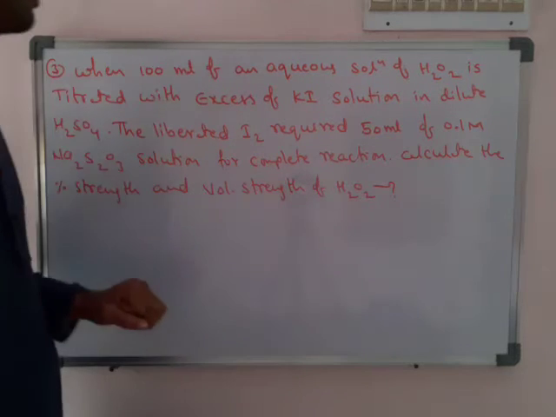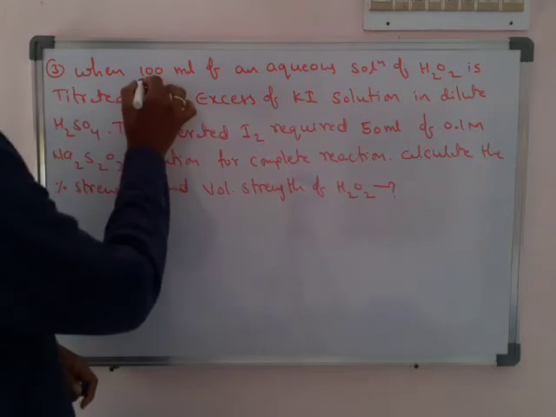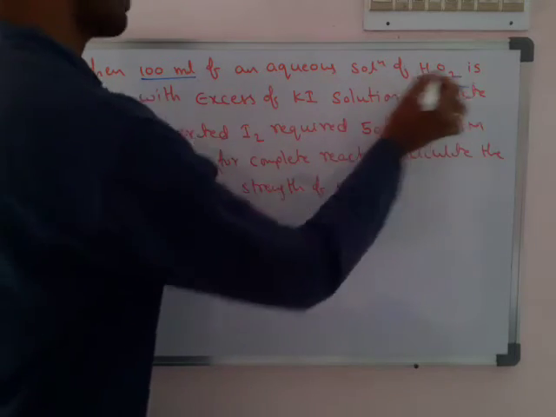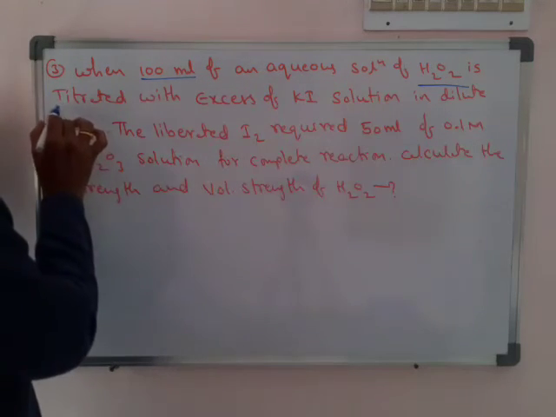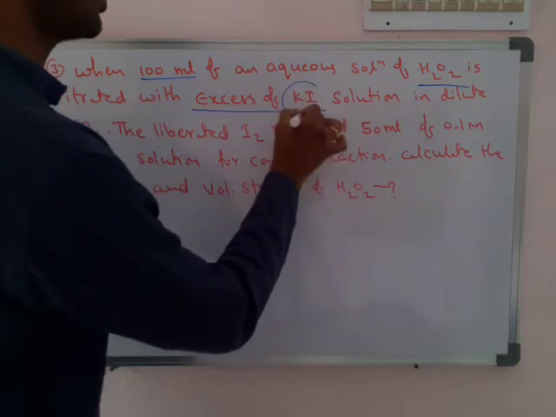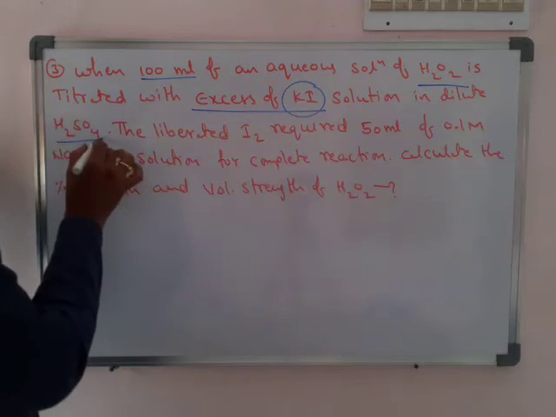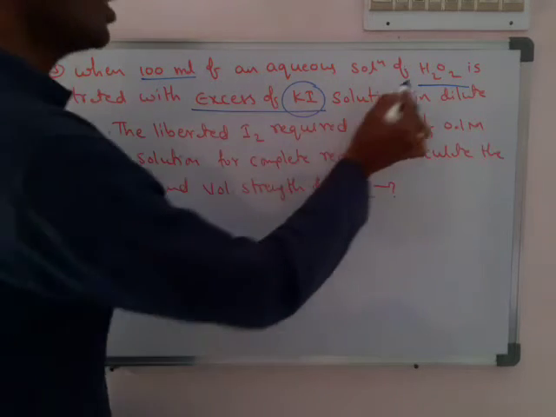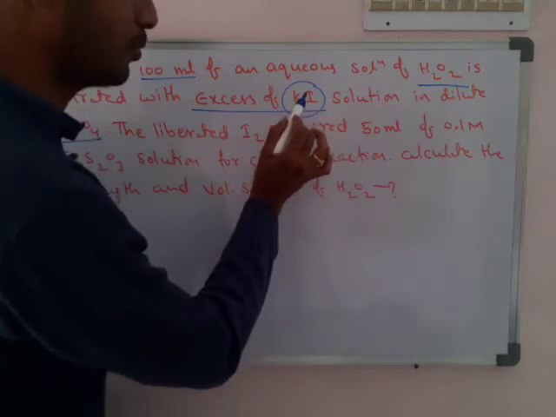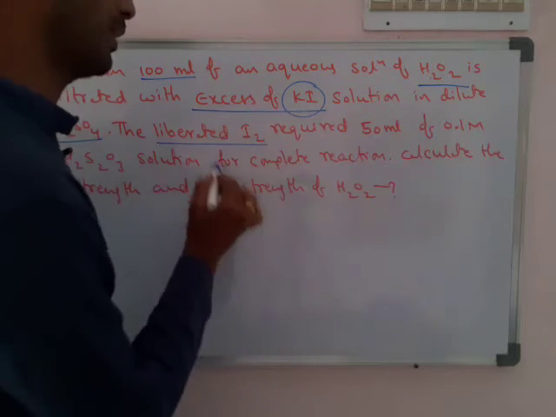When 100 milliliter of an aqueous solution of hydrogen peroxide is titrated, titrated means reacted with excess potassium iodide in dilute H2SO4, meaning in acidic medium, hydrogen peroxide is reacted with potassium iodide, and we know that it releases iodine.